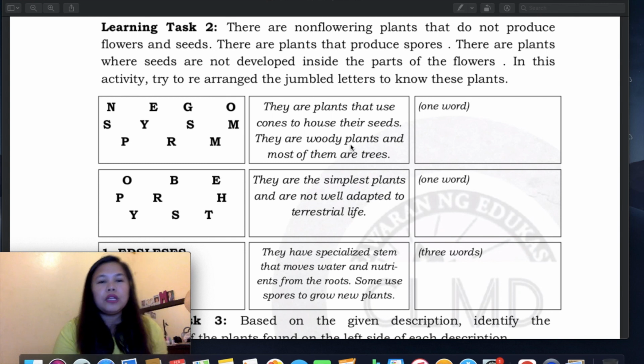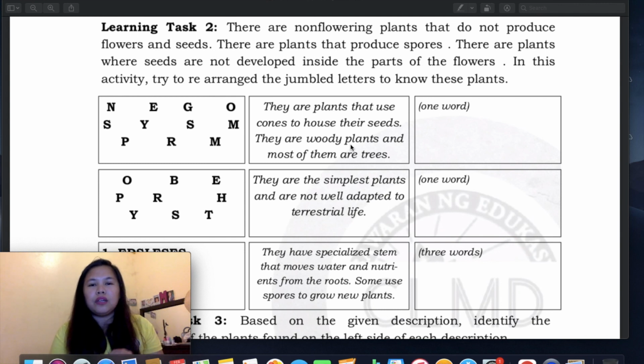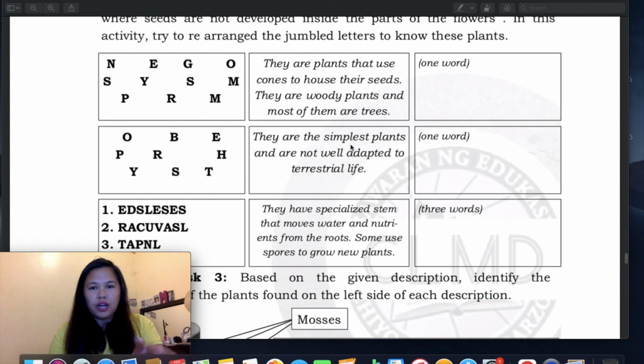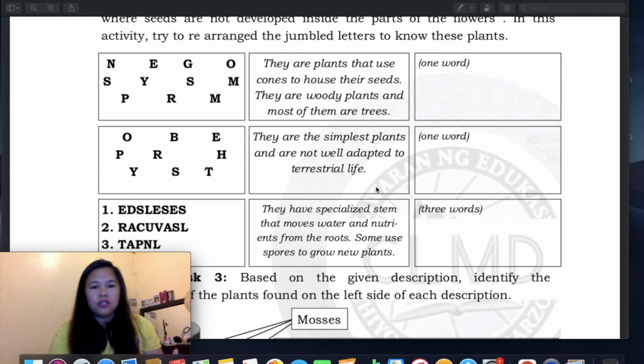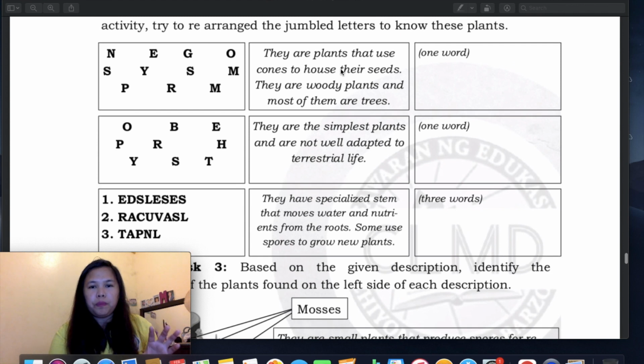So, in this activity, try to rearrange the jumbled letters to know these plants. Okay, so ito yung hint, ito yung one word, mga hint niyan, ito yung meaning or classification, and this is the hint. So, here, they are plants that use cones to house their seeds.